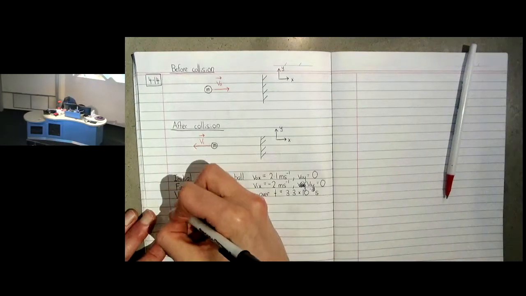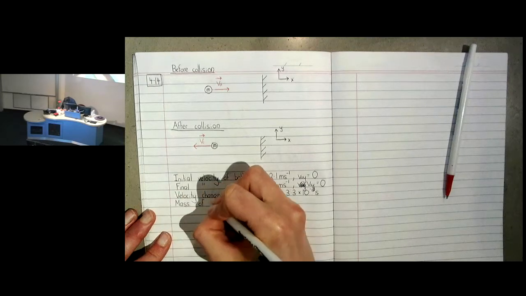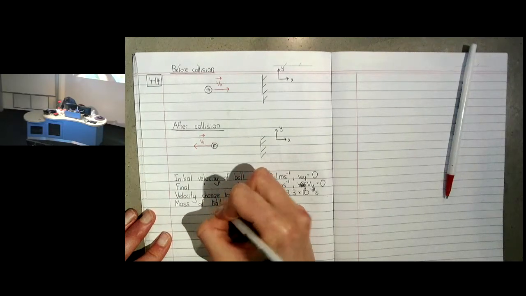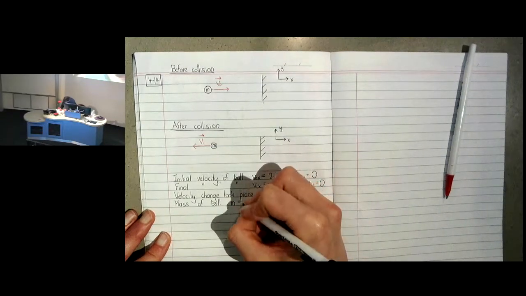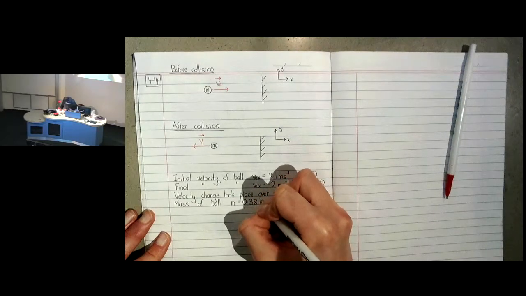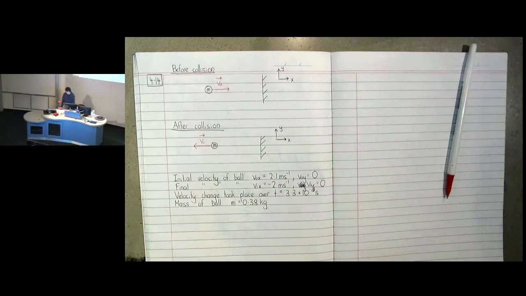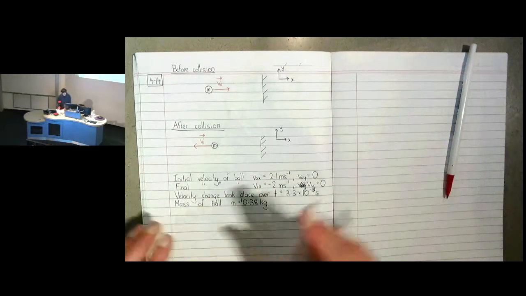And the mass of the ball is m equal to 0.38 kilograms. So what we need to do is to figure out the average net force that was acting on the ball during its collision with the side of the table.